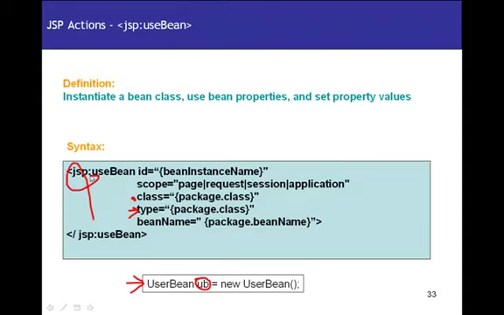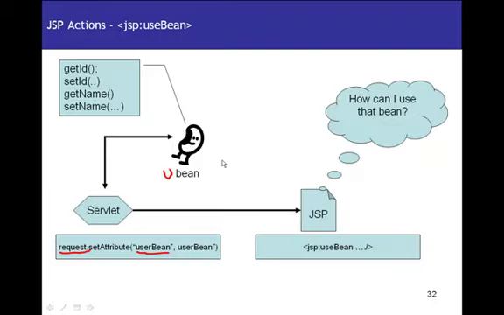So when you put this in your JSP page, it basically tries to find a bean with this name, with this attribute value, in the particular scope which is set.